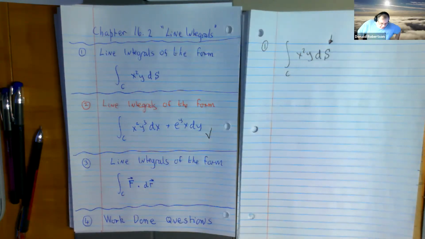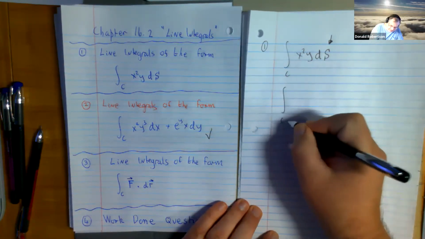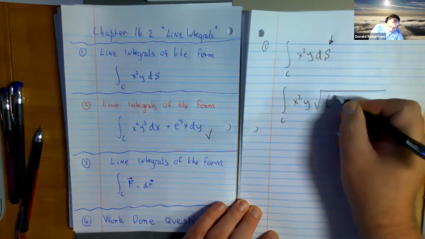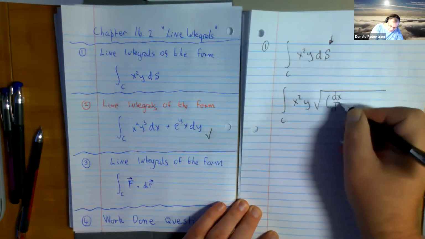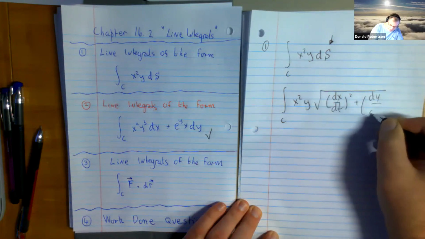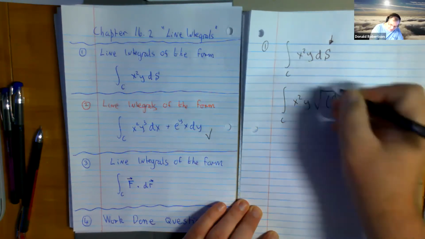You're basically parametricizing along the curve. So 1 unit, there's a variable called s and it's 1 unit. Essentially, it's x squared y, the square root of this squared plus that squared dt.